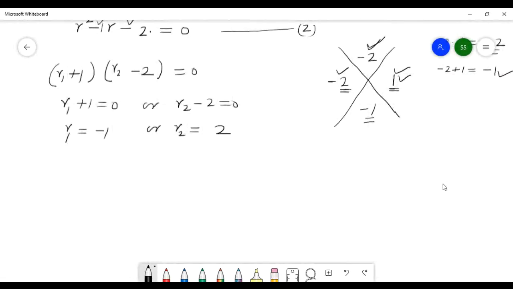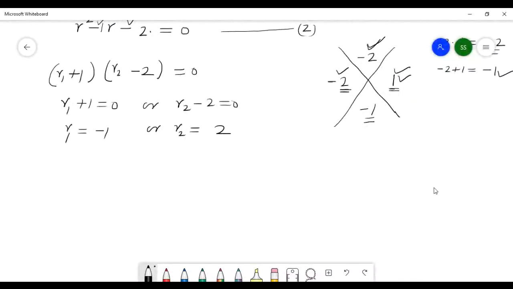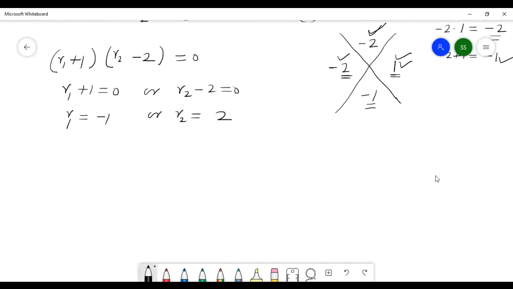Right? Okay, so there are two numbers. After that, you have to write the general solution. Now look: r1 equals minus 1 and r2 equals 2. There are two solutions, and these two solutions are real and different.